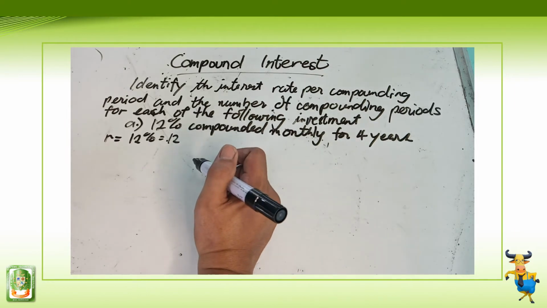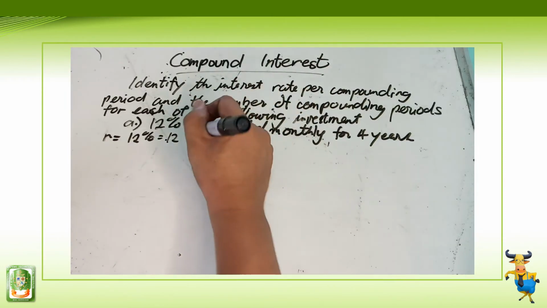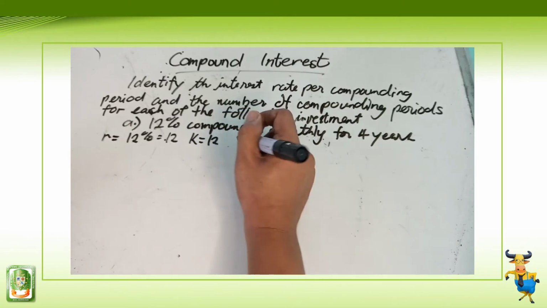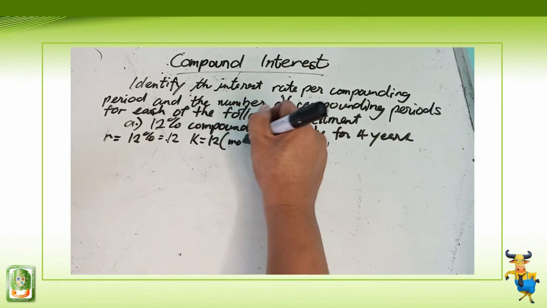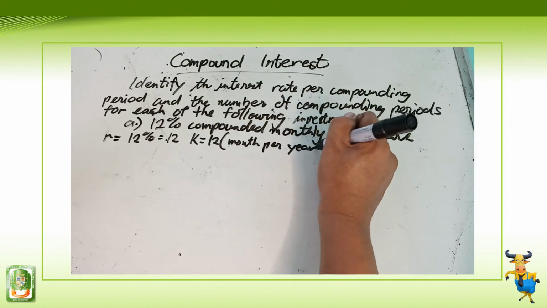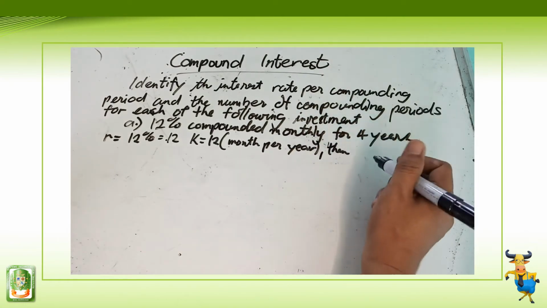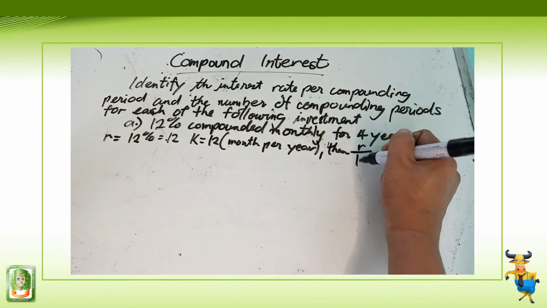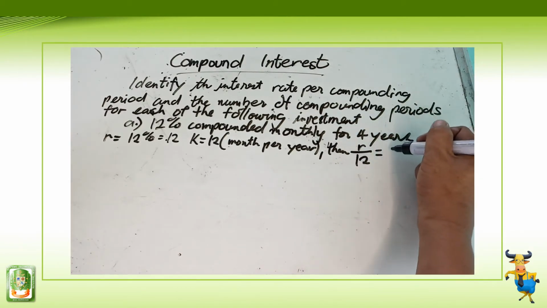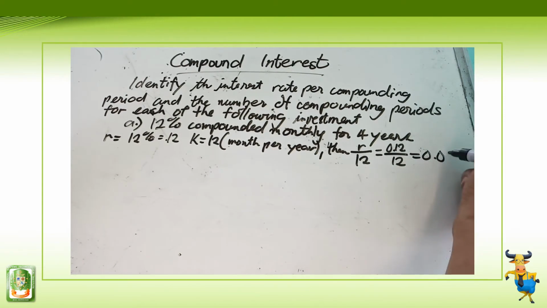Anong equation pa natin? What is the periodic rate? K is equal to 12 months per year. Then, meron tayong rate over 12 is equal to 0.12 over 12 is equal to 0.01.